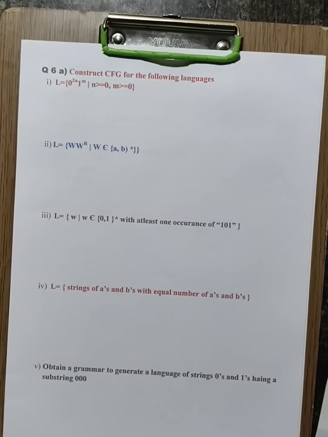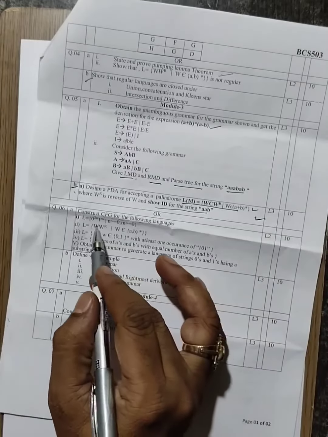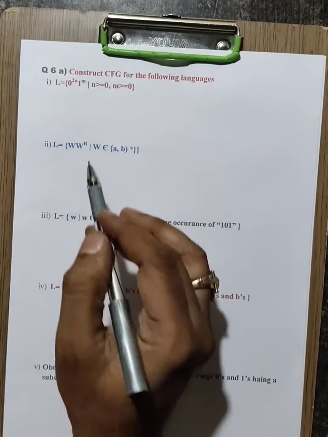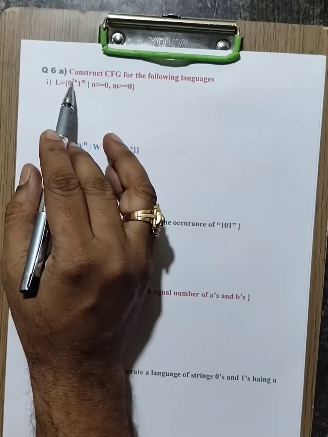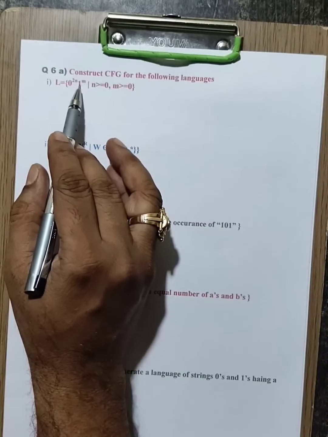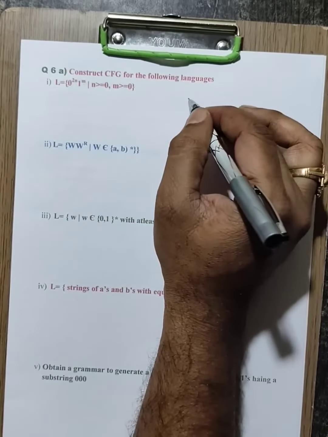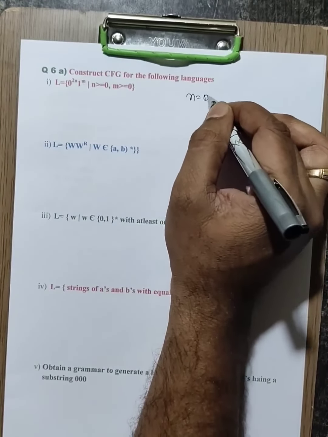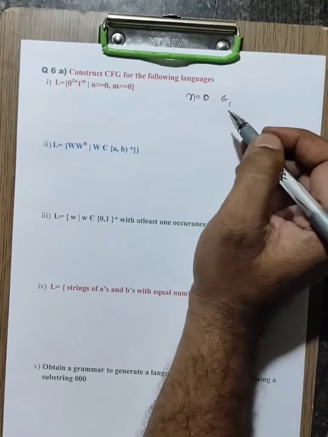Next, question number 6. Construct CFG grammar. This question asked for 10 marks. Language 0 to the power 2n 1 to the power m. Here n is the number of zeros: if n equals 0, then epsilon, there are no zeros.